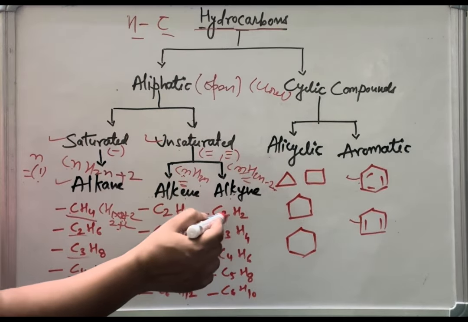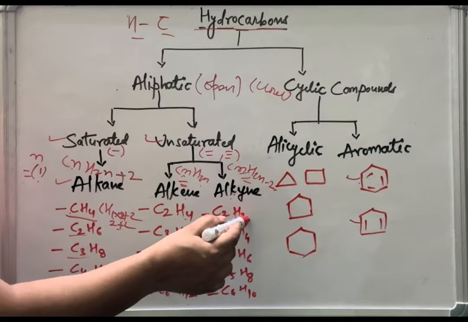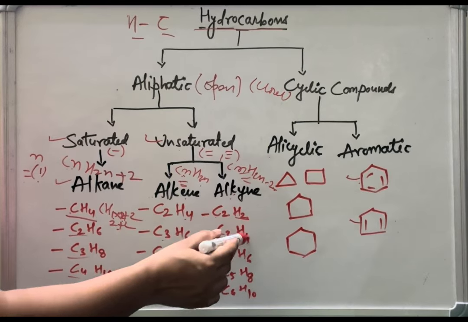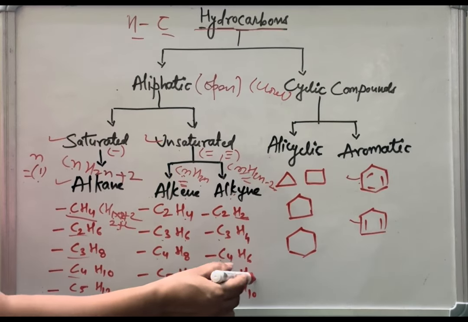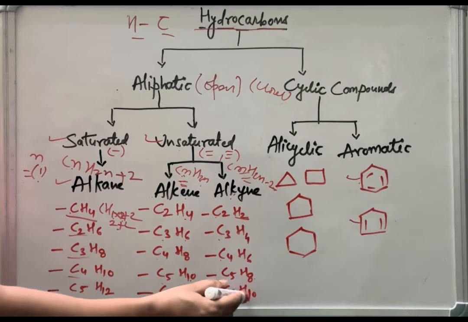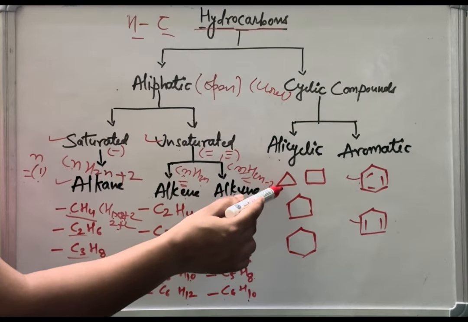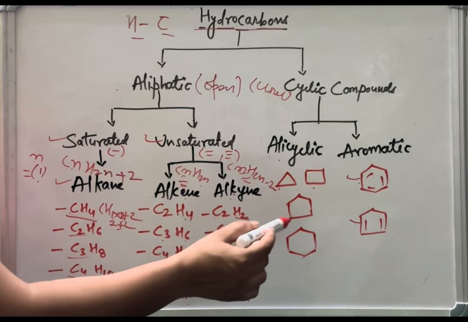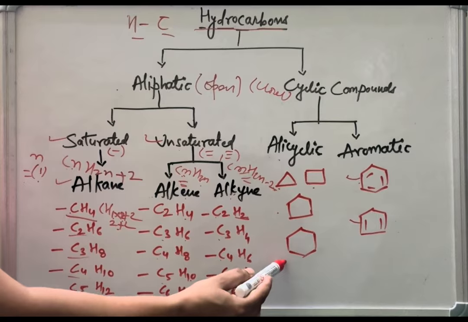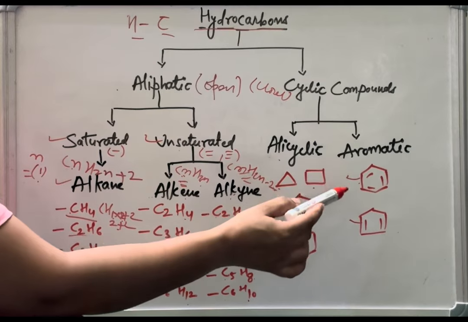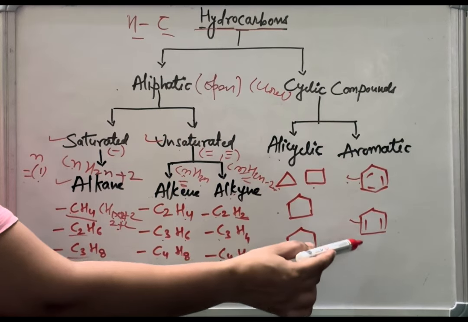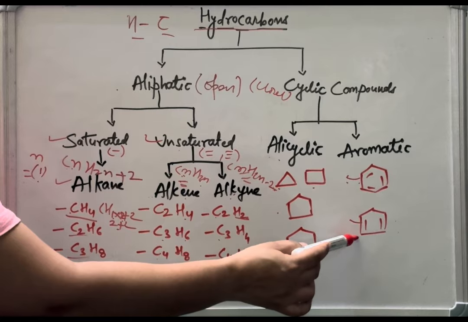If the carbon is 2, then hydrogen will be 2. Like this, C3H4, C4H6, C5H8, C6H10. And alicyclic compounds are closed chain compounds like cyclopropane, cyclobutane, cyclopentane and cyclohexane. In aromatic compounds, the example is benzene.